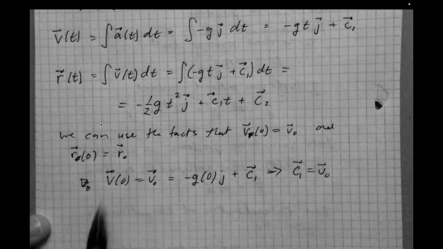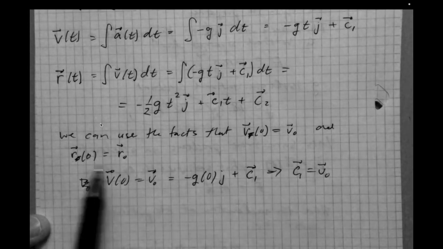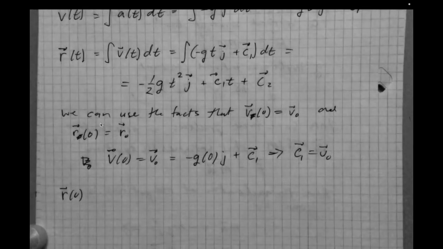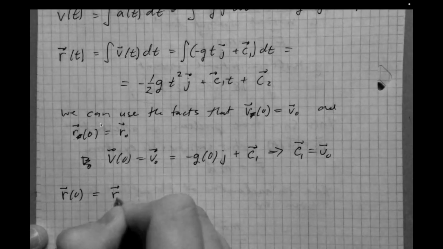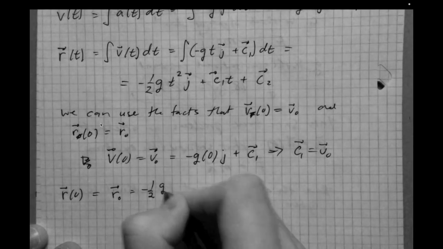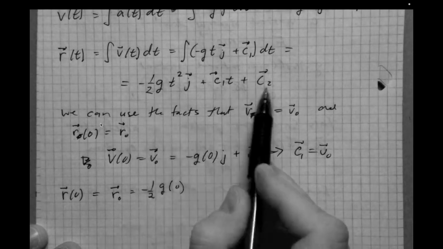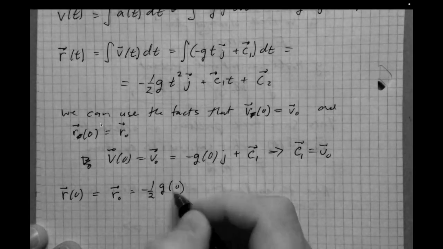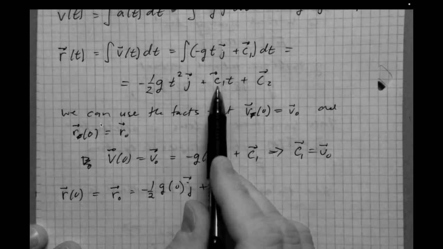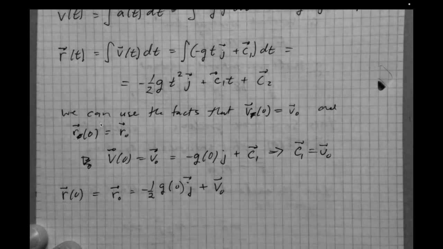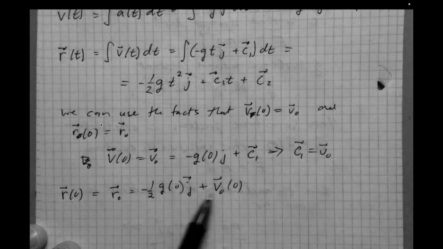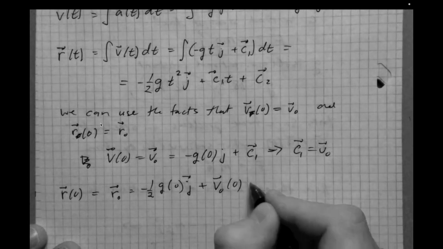And now we can use this piece in conjunction with this piece to figure out what c2 is. r of 0, we know, is equal to r naught, which must be equal to negative 1/2 times g, and then t is 0, times the j vector, plus c1, which we just found to be v naught, times t, which would be 0, and finally plus c2.